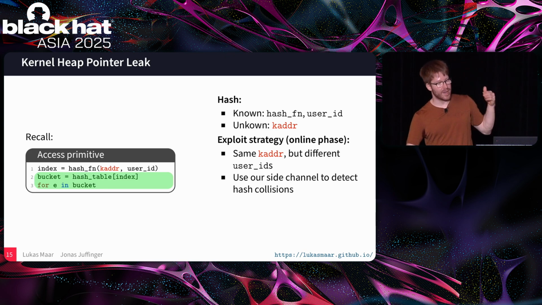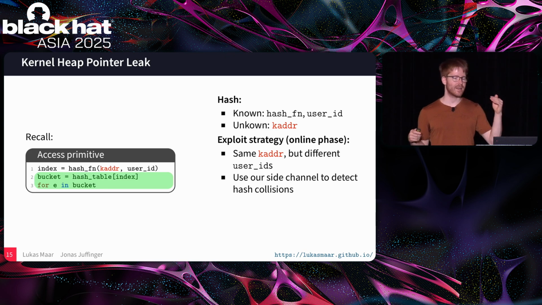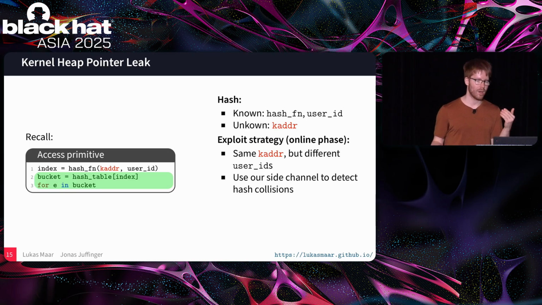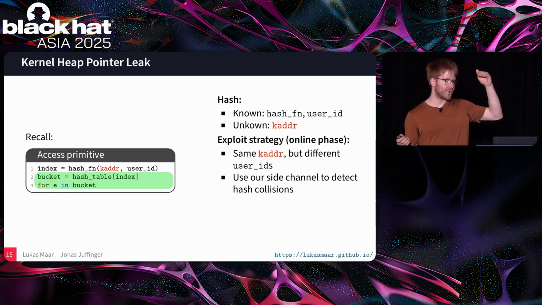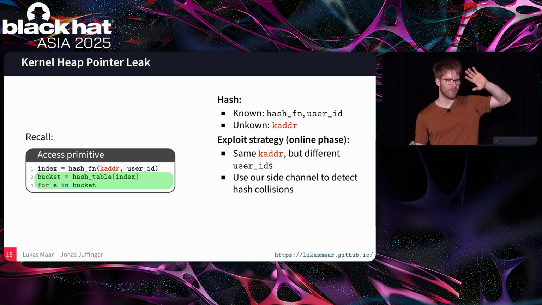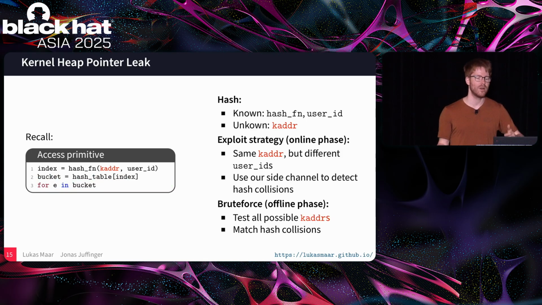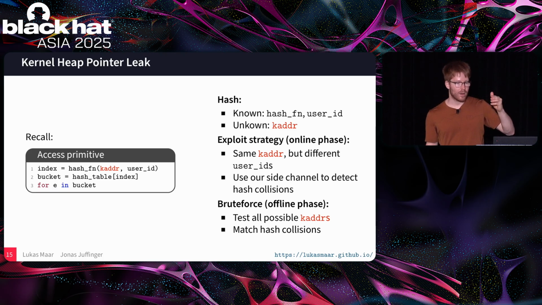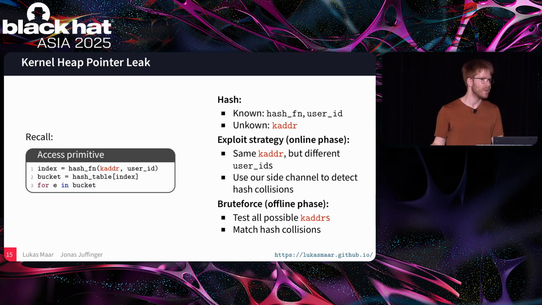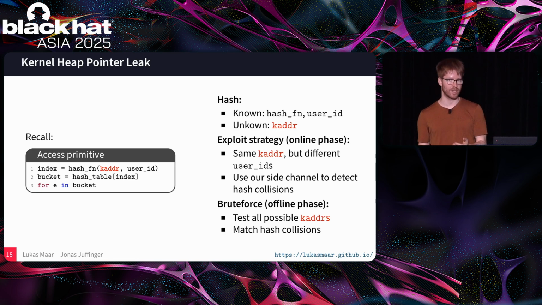And we then use our side channel to detect exactly these hash collisions, or when these hash collisions occur. Simply, you can see it as we obtain a unique fingerprint when using different identifiers. And in the next step, in a brute force offline phase, we test all possible kernel addresses to match exactly that fingerprint we previously obtained in the online phase. So we match exactly these hash collisions.